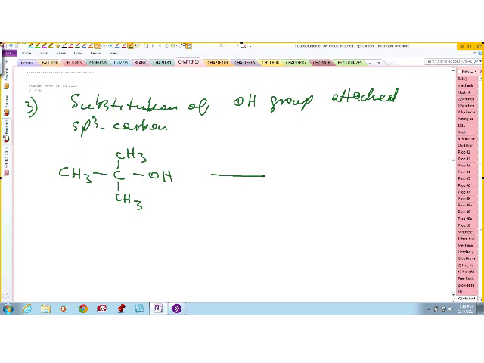If you have a tertiary alcohol and you use HCl gas, you will replace the hydroxy group with chlorine. That is what this reagent will do with a tertiary alcohol.